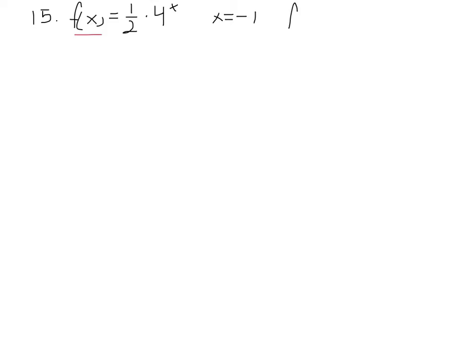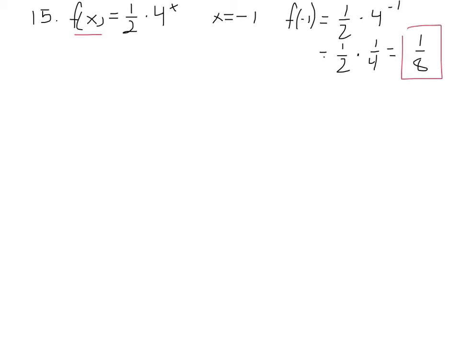Instead of saying f of x, you can rewrite that as f of negative 1, and that just means you're substituting in negative 1 for x, equals 1/2 times 4 to the negative 1, which is 1/2 times 1 over 4, because that negative exponent puts the 4 in the denominator, and we end up with 1/8.